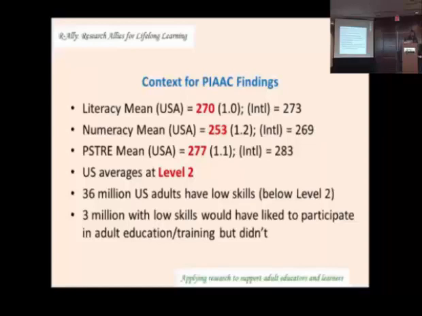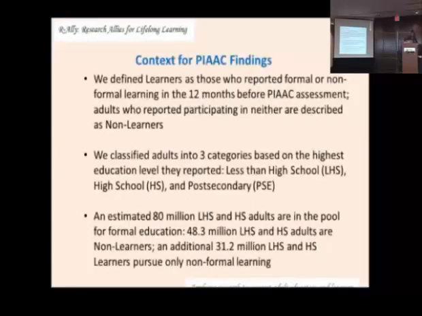And as I think Johan referred to very early this morning, he talked about the large number of U.S. adults that have very low skills below level 2. And he didn't note this, but he has in other sessions that there were 3 million people with low skills who would have liked to participate in adult education and training but didn't. I think those numbers are very important.